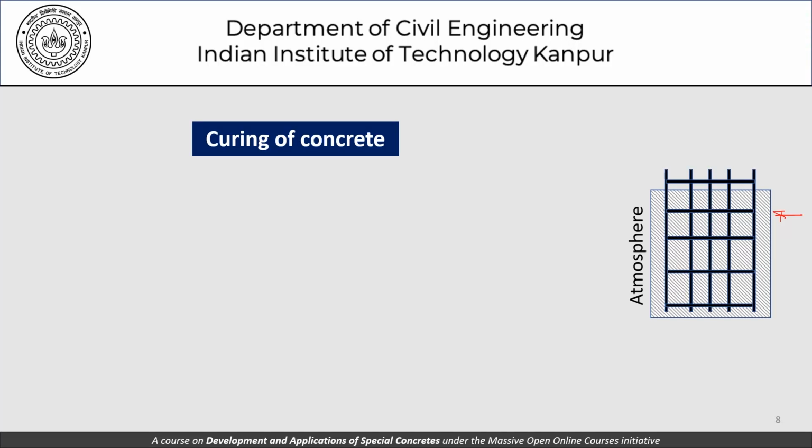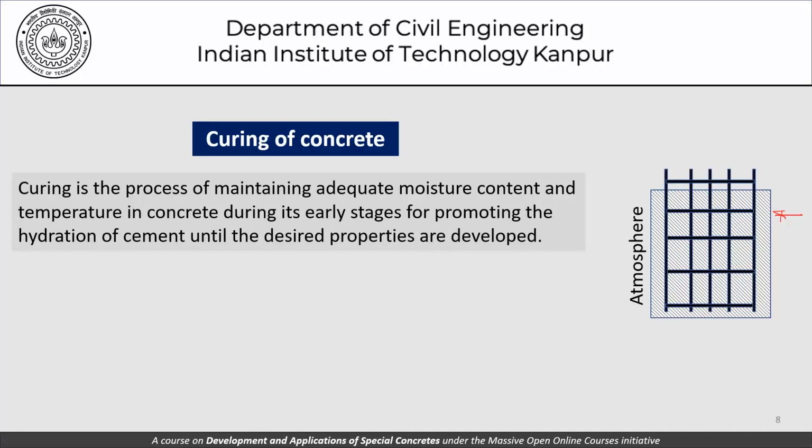As far as the definition is concerned, curing is the process of maintaining adequate moisture content and temperature in concrete during its early stages for promoting the hydration of cement until the desired properties are developed. So what we are saying is that no matter how much water is added to the concrete, some water will tend to escape into the atmosphere unless we take some preventive measures, and that will leave the cement, especially at or near the surface of concrete, unhydrated, which is a very undesirable prospect.